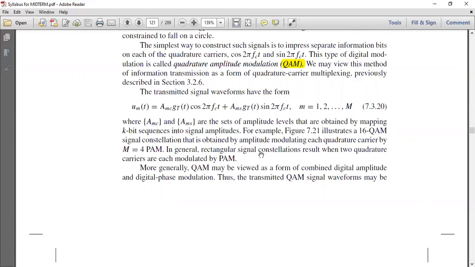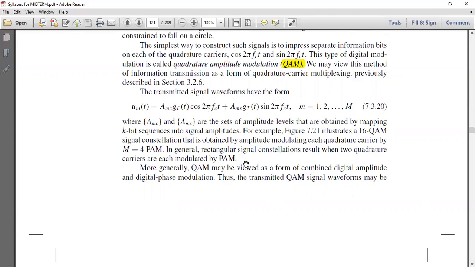In general, the rectangular signal constellation results when two quadrature carriers are each modulated by a PAM signal. So two quadrature carriers, sine and cosine, are modulated by PAM signal. This is PAM because the amplitude is changing.